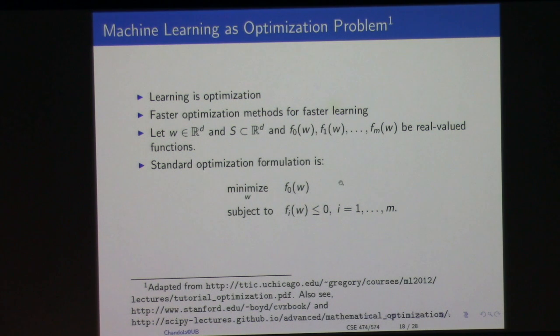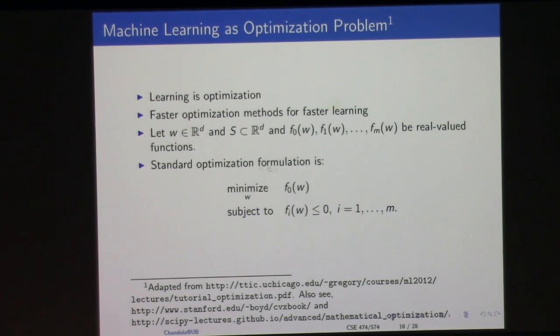So what you will see from now on is that most machine learning algorithms are based on optimization. All they do is define some objective function and try to find the unknowns by optimizing it. And the idea is how can we do it fast enough and more accurately.